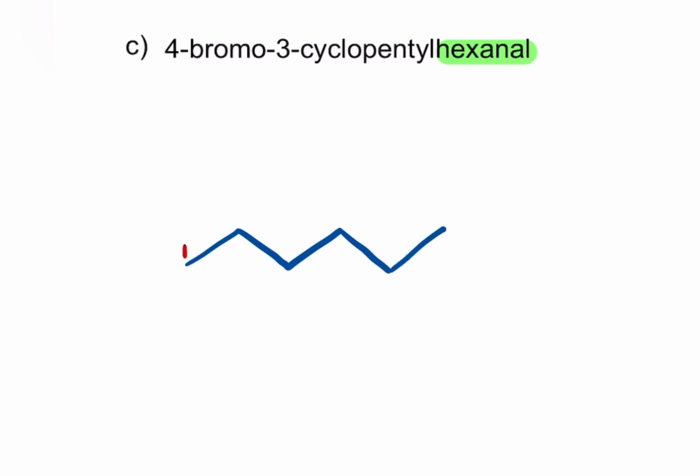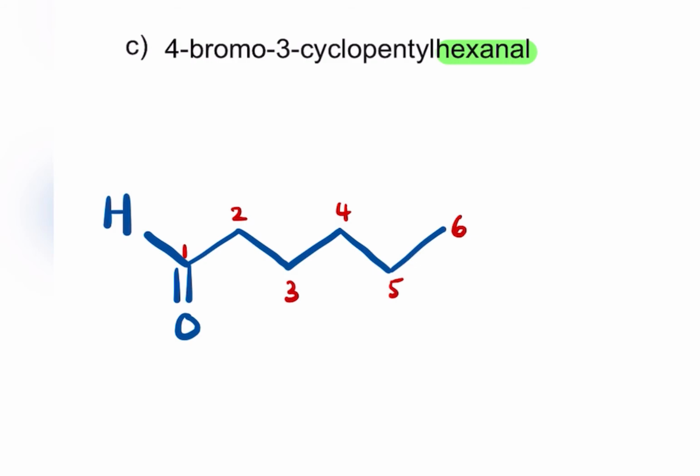I'm going to give the numbering starting from the left, but it depends on you. And next, for hexanal, the first carbon will hold the double bond O. If you want to show the hydrogen, you can show it. So this will not be a skeletal structure, but just a simple structural formula.